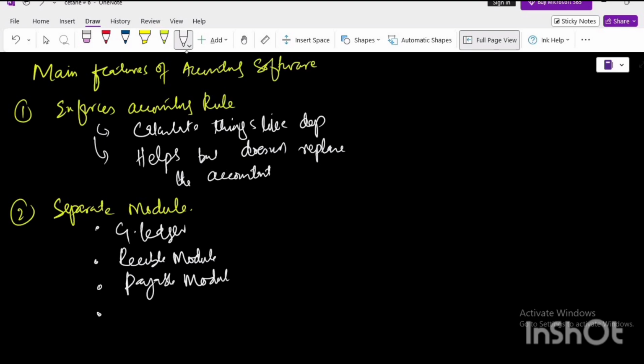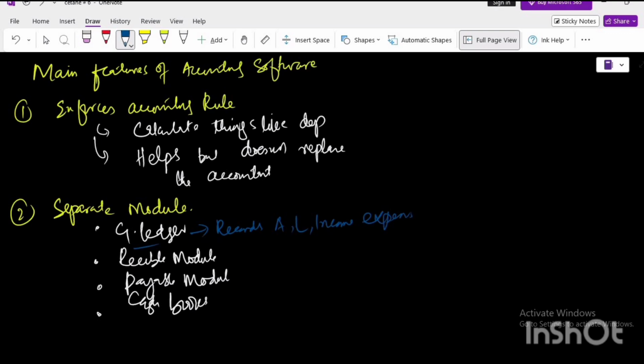You have others like cash book, and these separate modules are working on their specific assigned jobs. For example, the general ledger keeps records of all the assets, liabilities, income, and expenses. These are the jobs of the general ledger, right?